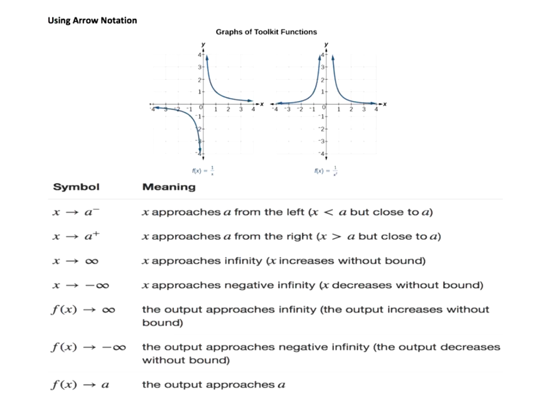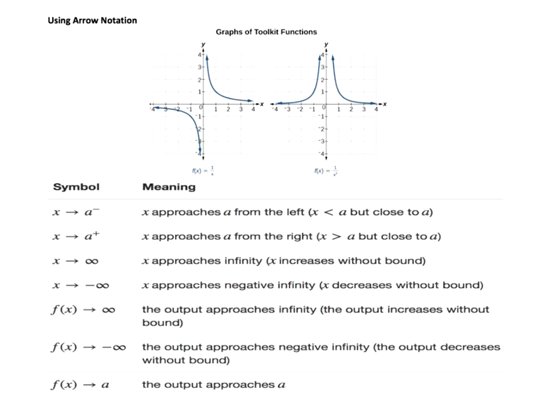All right, so let's talk a little bit about arrow notation. To fully understand rational functions, we have to look a little bit more at the end behavior of the two toolkit or parent rational functions that we discuss in this particular section.